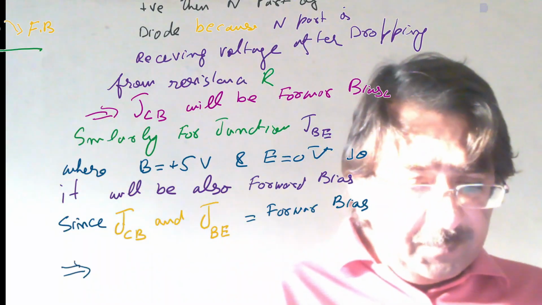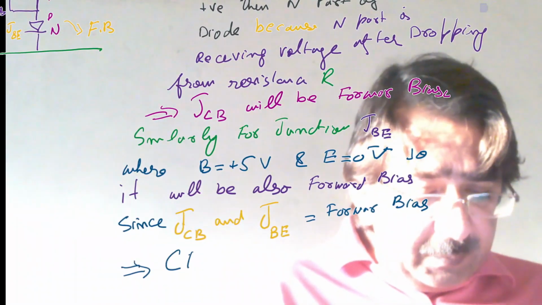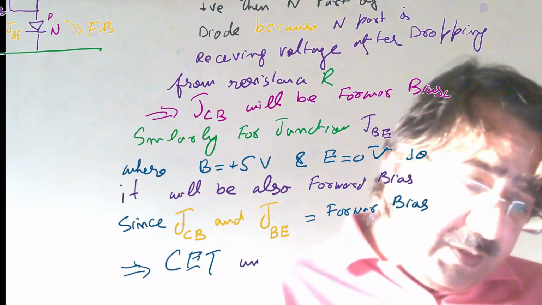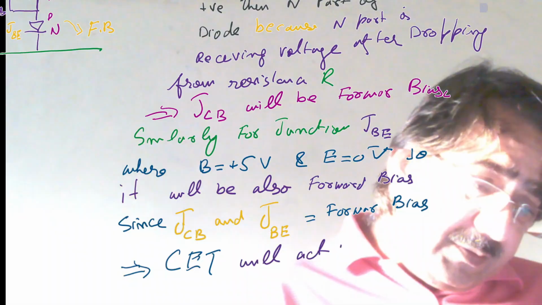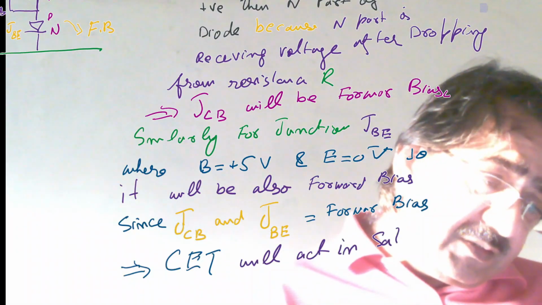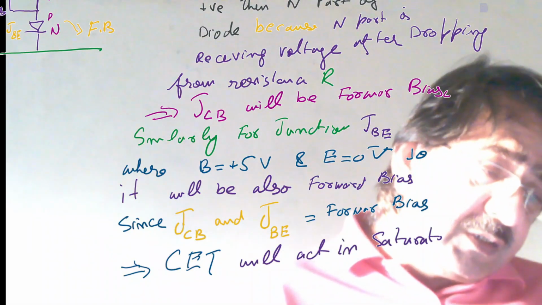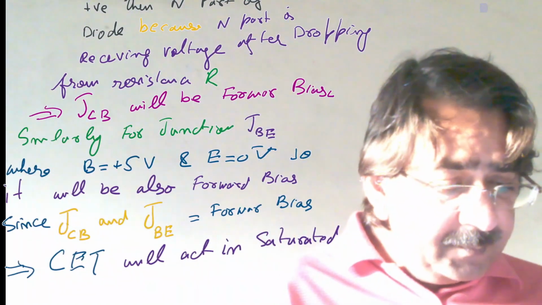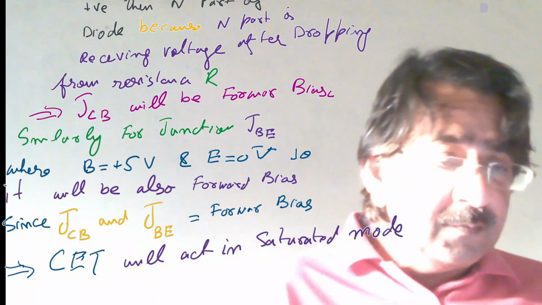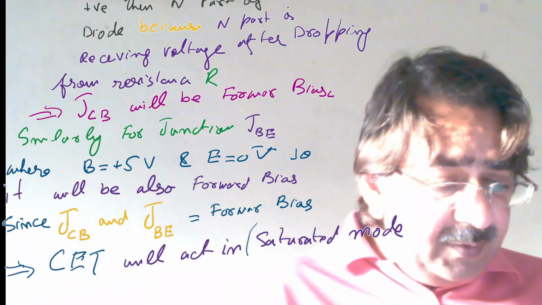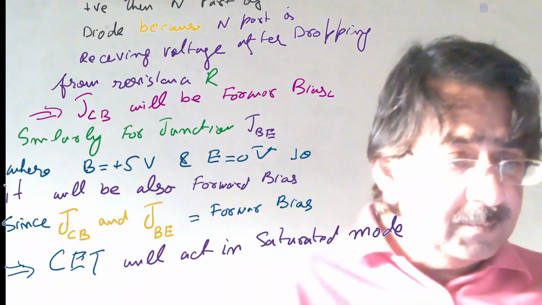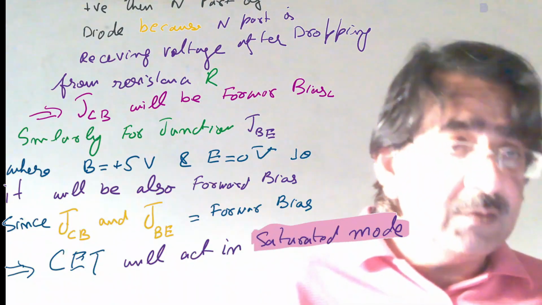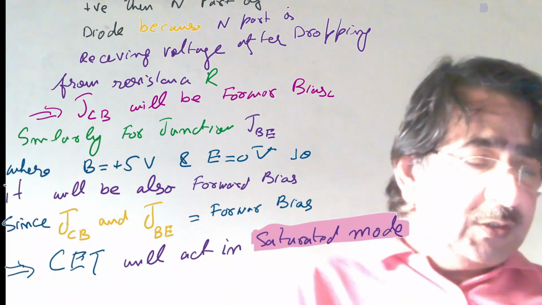This implies that the common emitter transistor will act in the saturated region, not active, not cut off, but in saturated mode. You must remember that it will be in saturated mode.